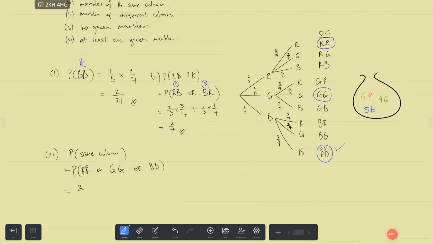Red, red is 2 out of 5 and then 5 out of 14. Or is a plus.